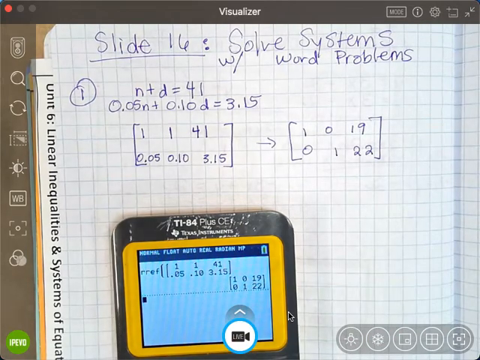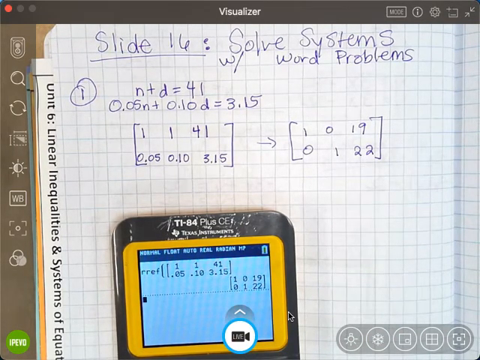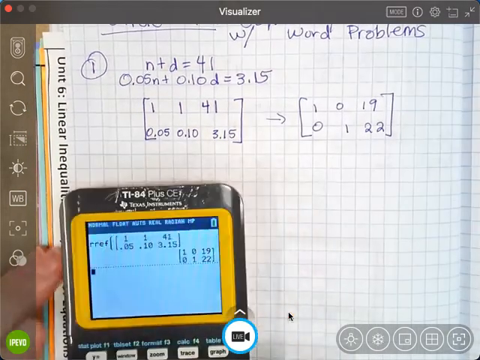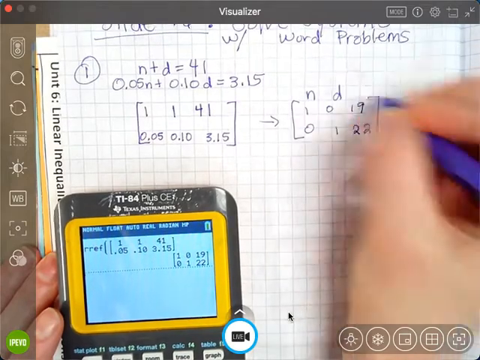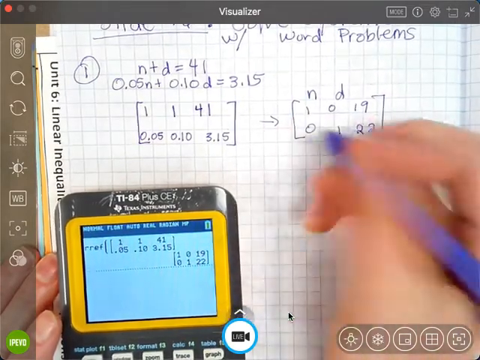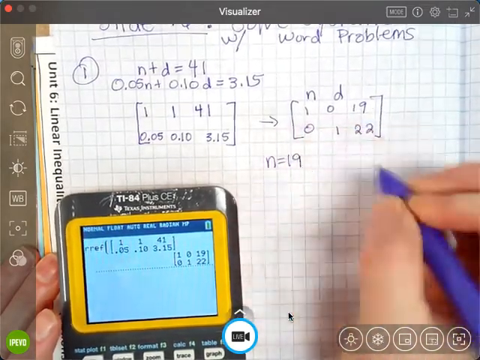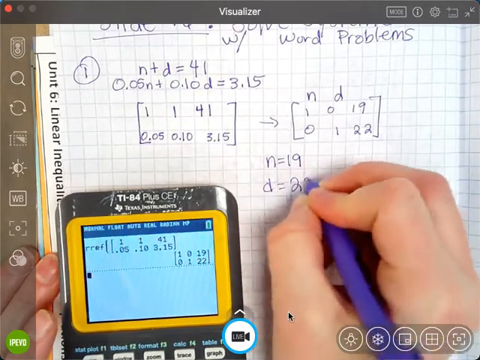But we're not writing it as x equals this, y equals that. Is this what y'all got? Y'all double check me. Yes. Adrian? Brady? Okay. Just make sure. Okay, so this means that N, D, and some number. So N equals 19, and D equals 22.